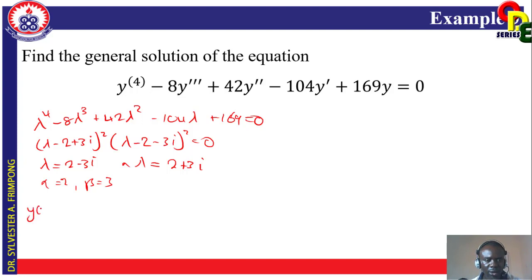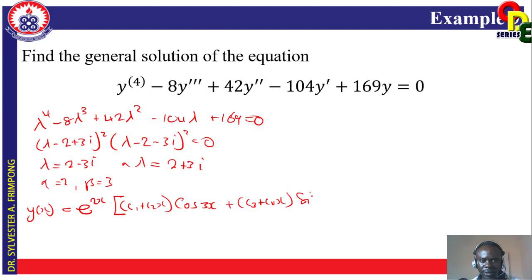Our y of x is going to be e raised to the power 2x, because alpha is 2, multiplied by (c1 plus c2 x) cos 3x. So c1 is for the first root, c2 x for the repetition, then plus (c3 plus c4 x) sin 3x. So this is the general solution.